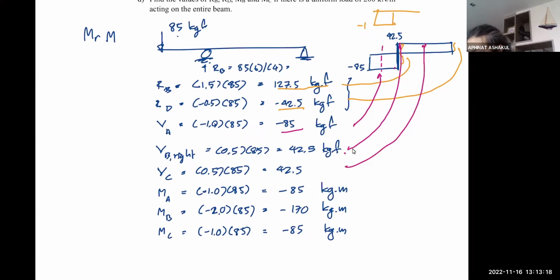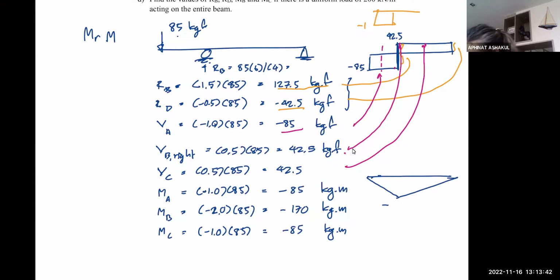See? And now, bending moment diagram. When you have 85 there, of course, this is the negative moment. Minus 85, right? And it goes back to 0. So MA, oops, sorry, not minus 85. What's going on with me? It's 2 meters, right?